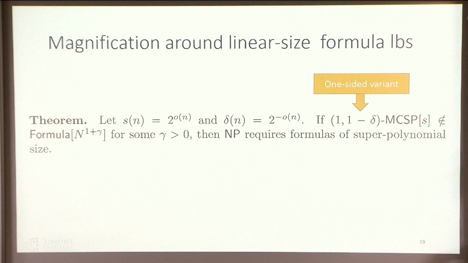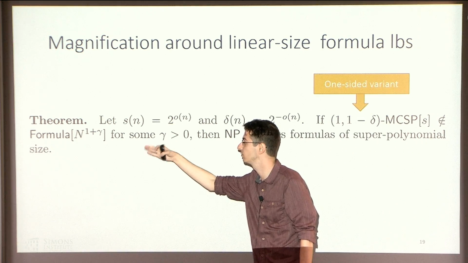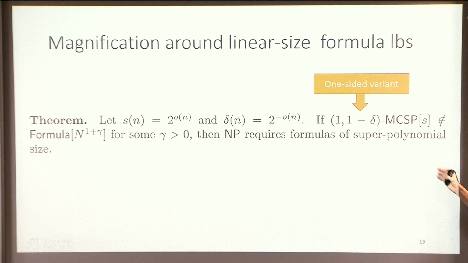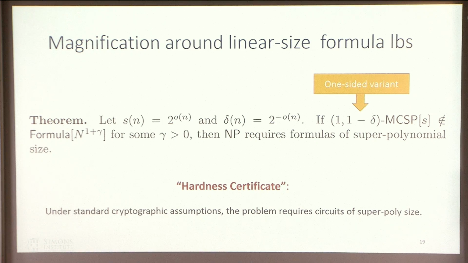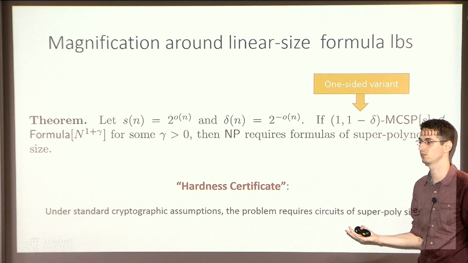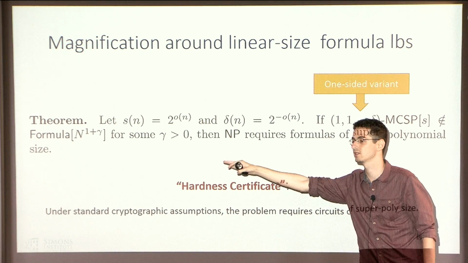Now, if this problem requires formulas of superlinear size, then NP is not in NC1. Okay. So this is an example of magnification from very small formula lower bounds and how it implies NP is not in NC1. And the hardness certificate here for the problem is that even this version of MCSP clearly defines a natural property. So if you believe cryptography is secure, then this problem should be much, much harder than just for almost linear size formulas.